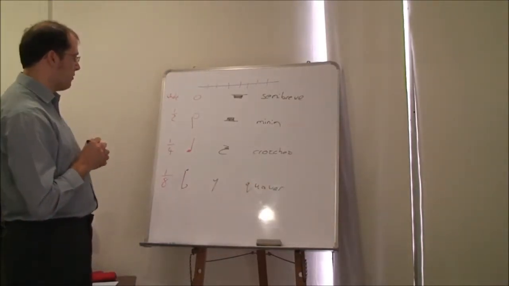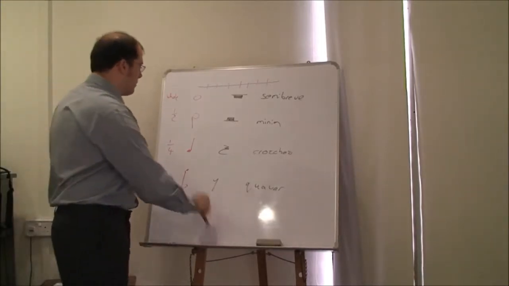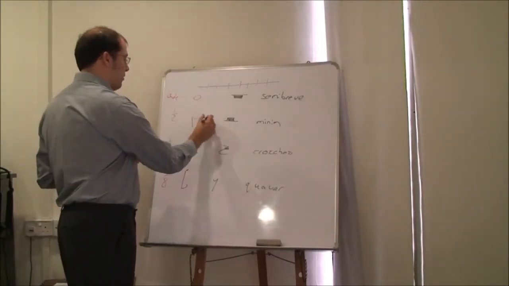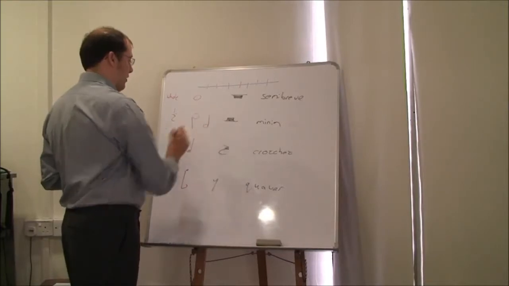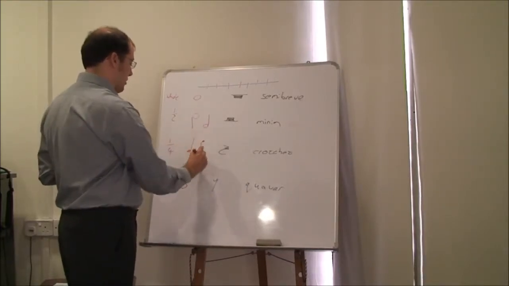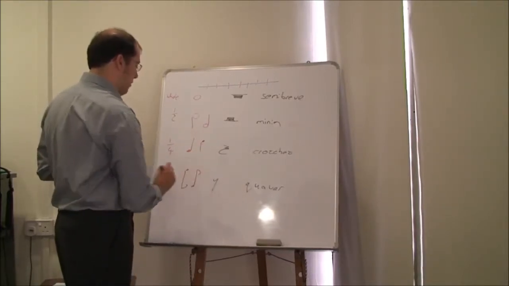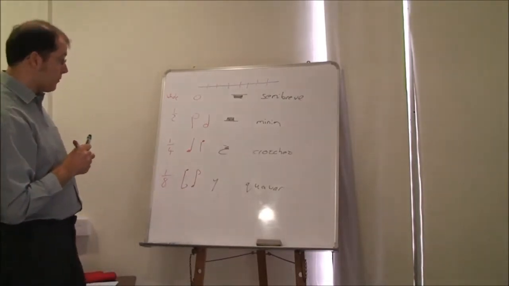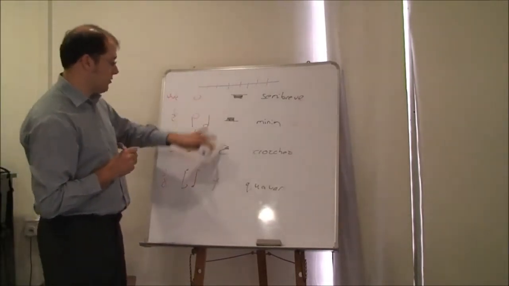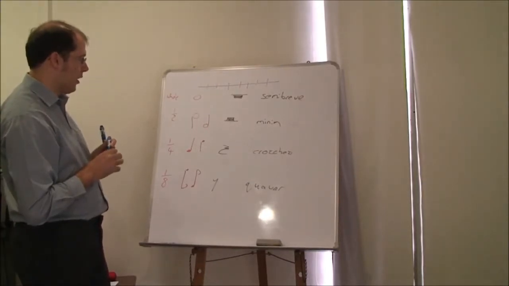So one thing to notice is that while the minim can look either like that or like that, the same with the crotchet and the quaver, for the rests, they're always in this shape.